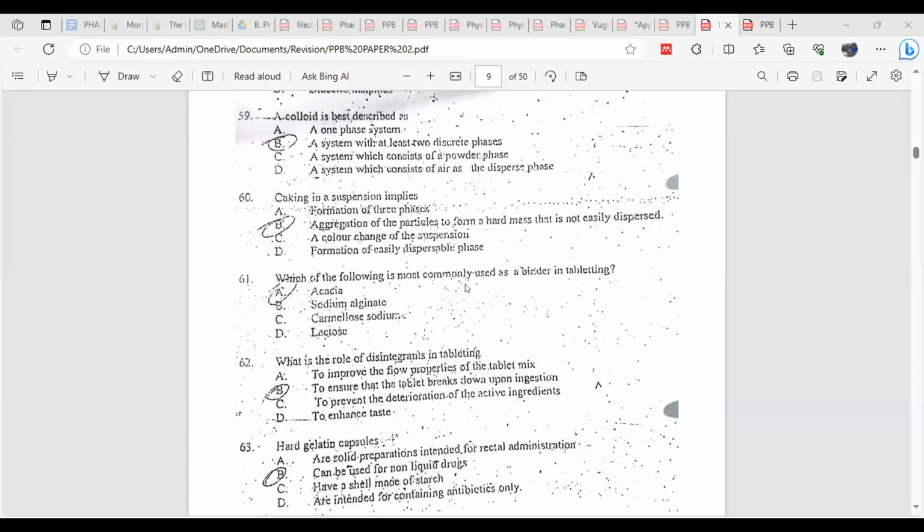Can you confirm? Which of the following is the most commonly used as a binder in tableting?